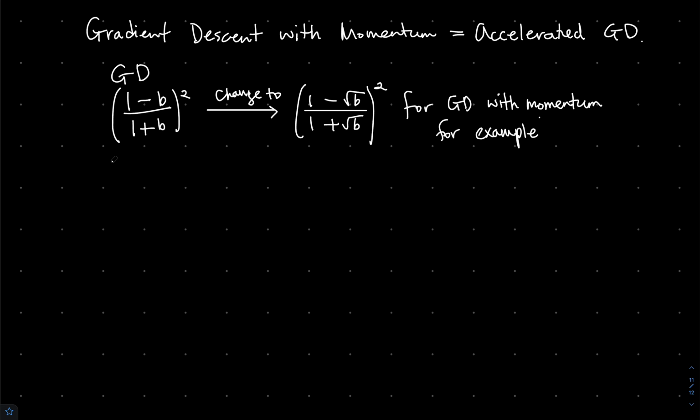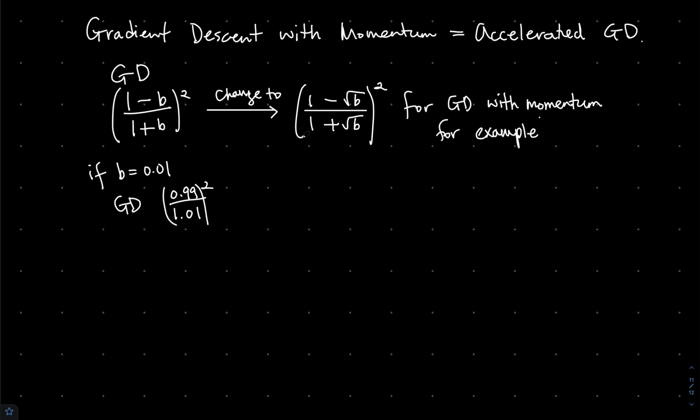Now, if b is 0.1, for example, then the gradient descent rate of change would be 0.99 over 1.01 squared, right?